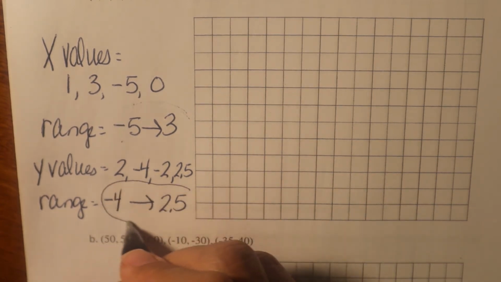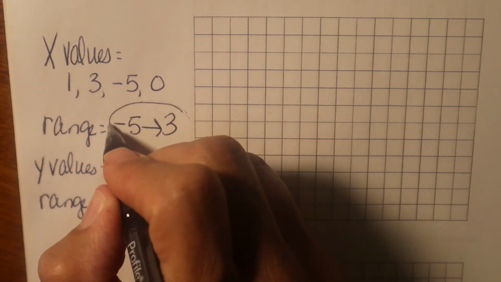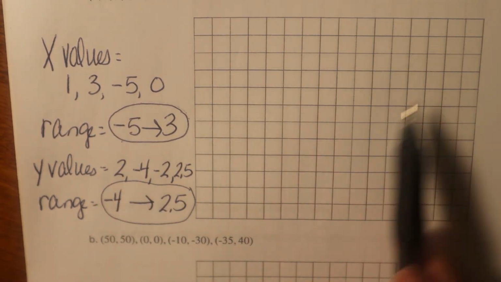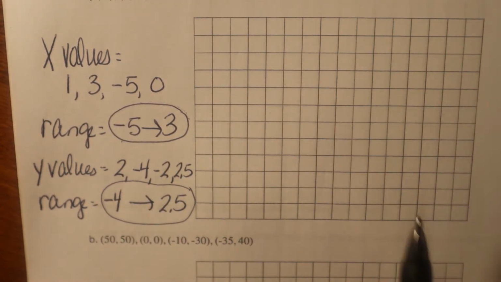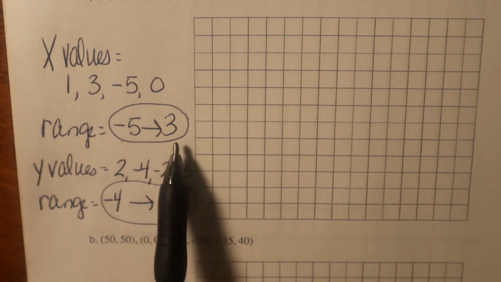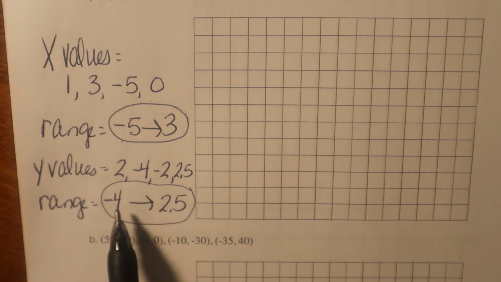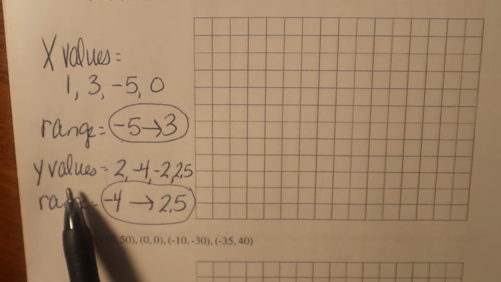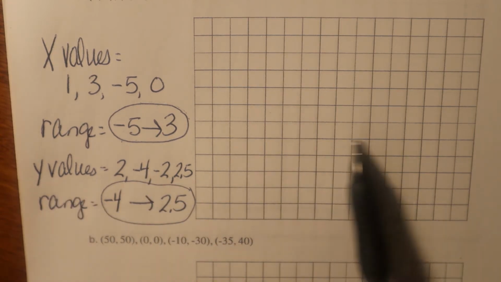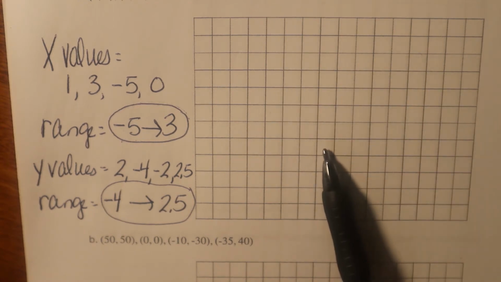So this range for my x's and my y's is going to kind of tell me how I want to set up and label my grid. So I can see that they're smaller numbers. None of these numbers are greater than 10 or less than -10. So I can easily just have each of these lines in my grid be equal to a value of 1.